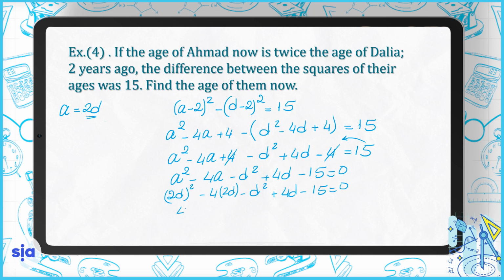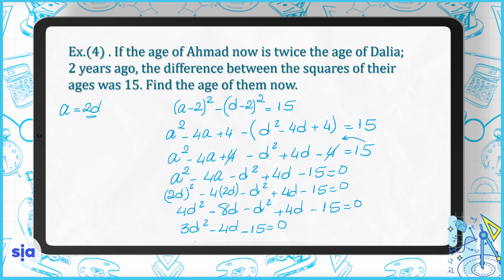So it's 4d squared minus 8d minus d squared plus 4d minus 15 equals 0. Combining like terms, it will be 3d squared minus 4d minus 15 equals 0.